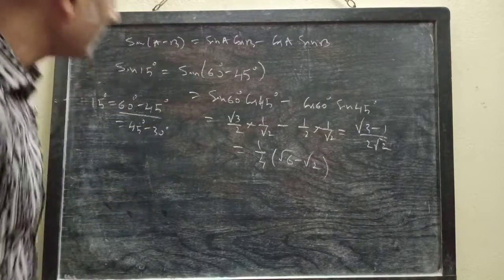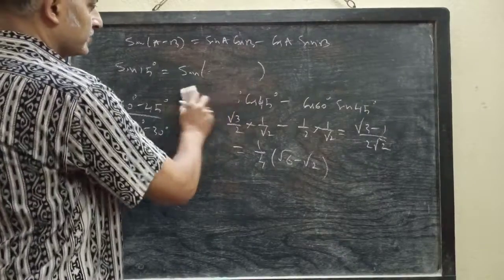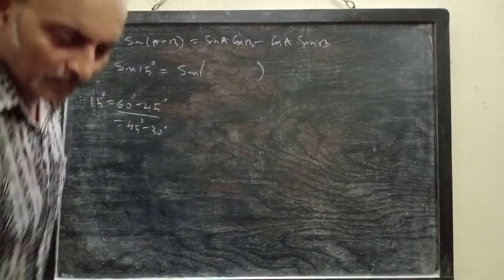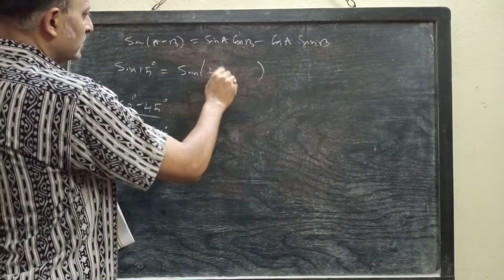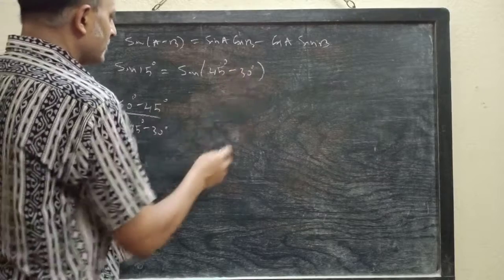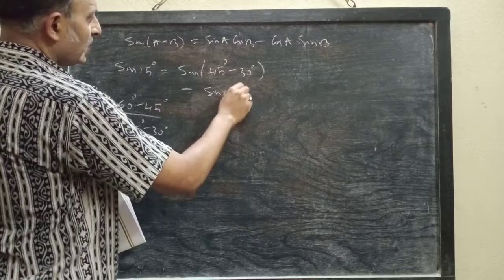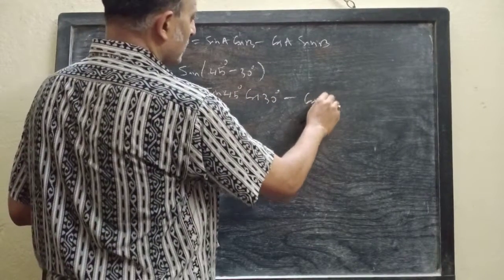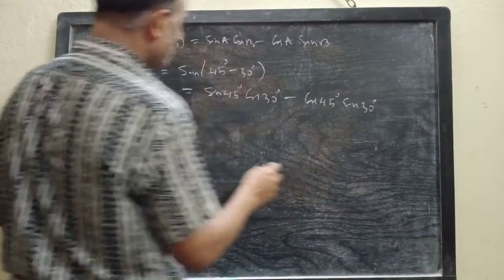Now let us check. If we consider the other option, what value do we get? Let us check. Suppose I am writing sin 15 as sin of 45 degree minus 30 degree. Then this will become sin 45 cos 30 minus cos 45 sin 30.